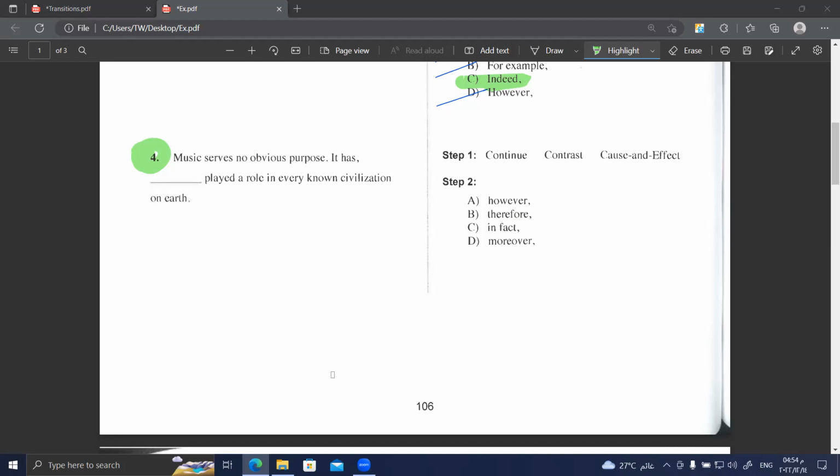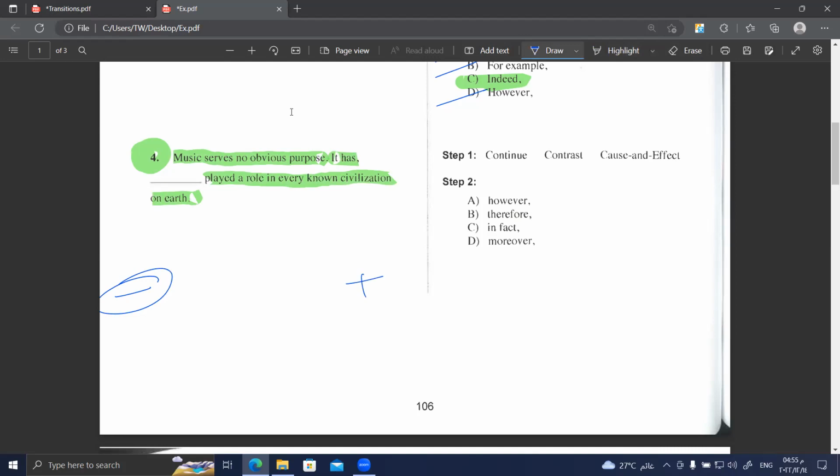Rahma Mohammed, switch to the microphone if you please, Rahma. Yes, Master. This is what comes before. Music serves no obvious purpose. Is it positive or negative? Negative. Excellent. What comes after now? Let's read it. It has played a role in every known civilization on Earth. Is it positive or negative? Positive.